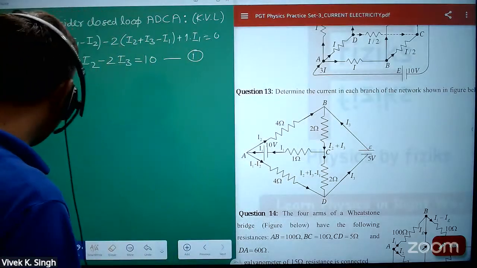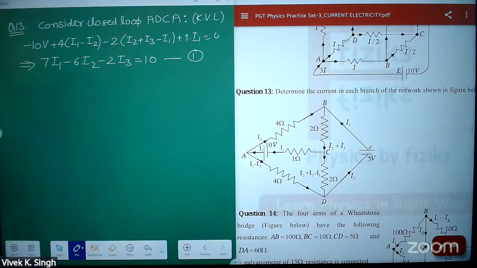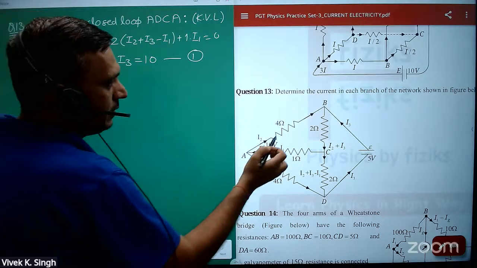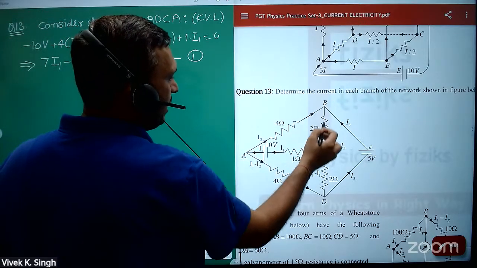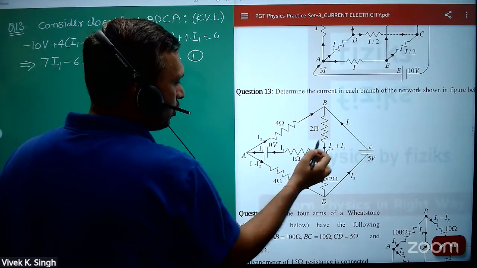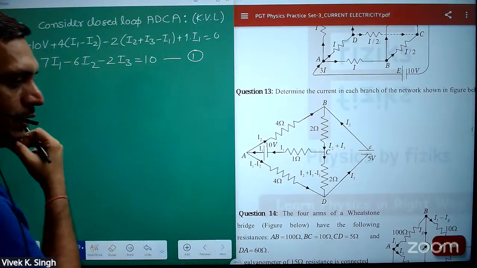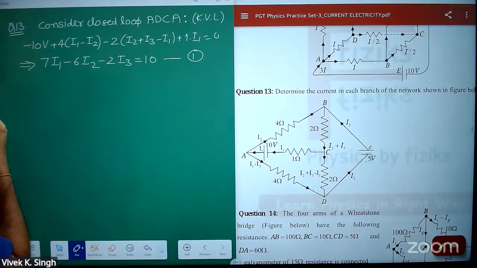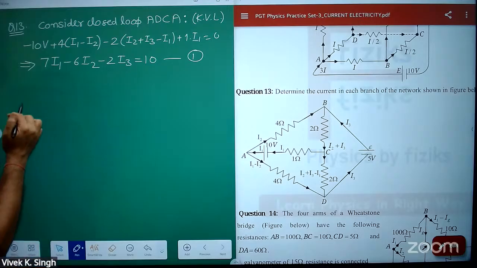Now you have to set up another equation. Let's see this particular loop A, B, C, A. I am considering this loop because we need three equations for three unknowns, so you have to set up KVL in three loops.